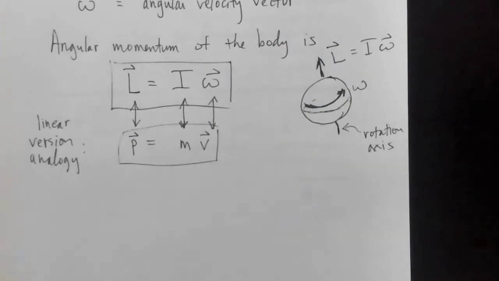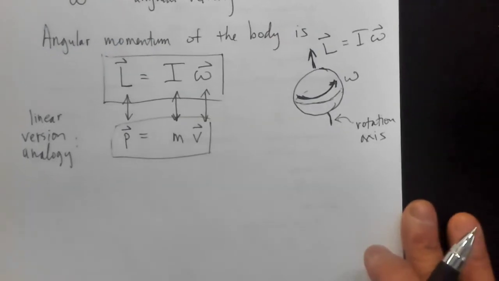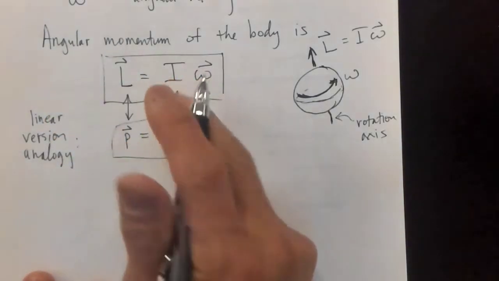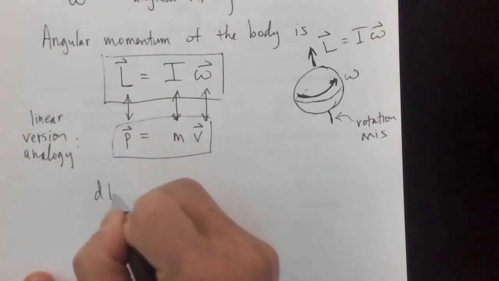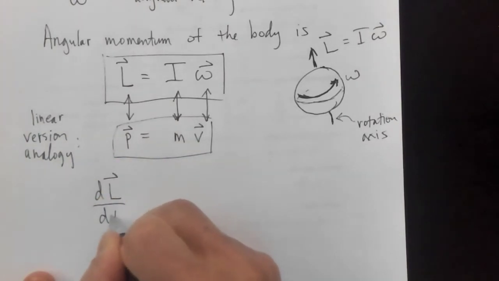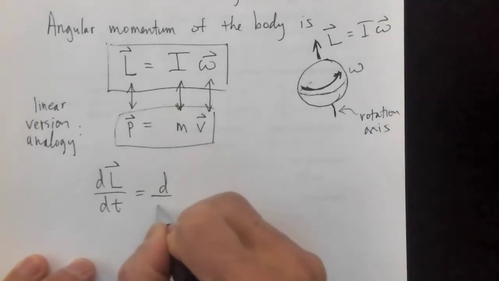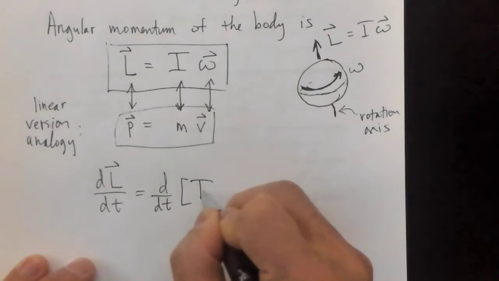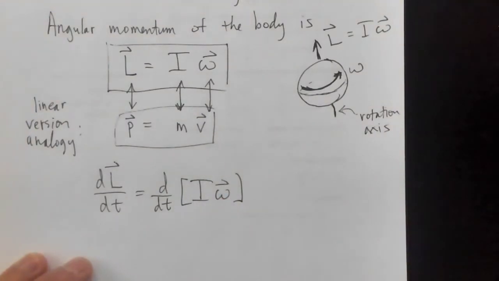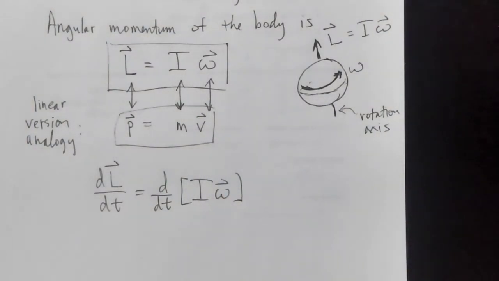Now let's take the time derivative of L. So let's think about taking the time derivative of I omega, and let's imagine that I'm not changing the moment of inertia of this object. It's a rigid object, so I'm not bending it or anything.